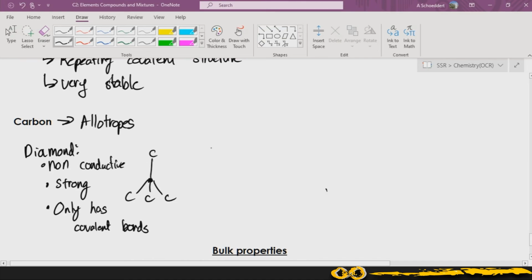Another allotrope of carbon is graphene. Graphene is formed of 6 carbon rings that are joined to each other, and in this ring there are delocalized electrons.